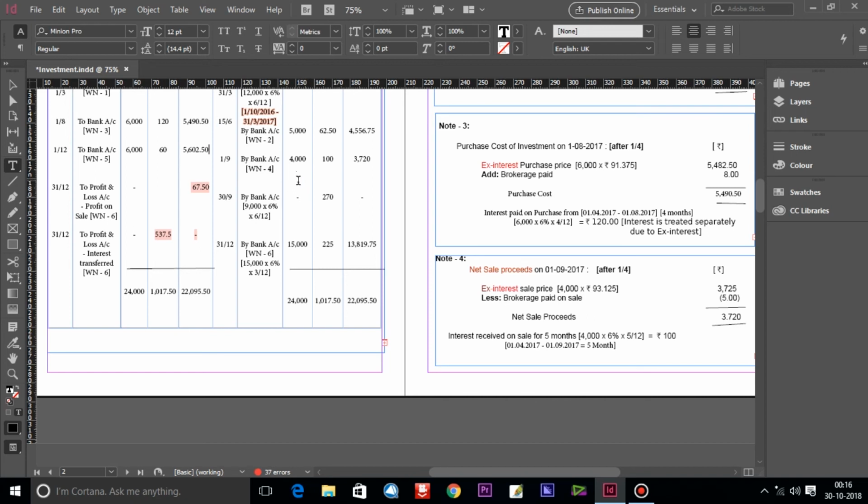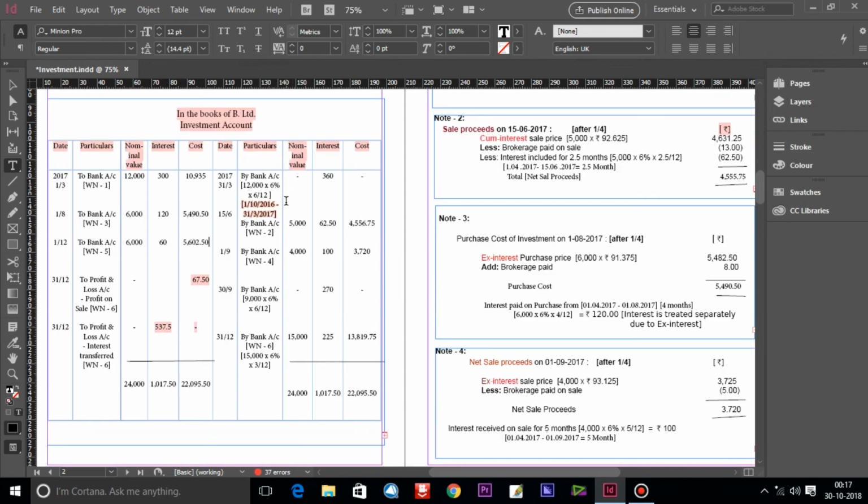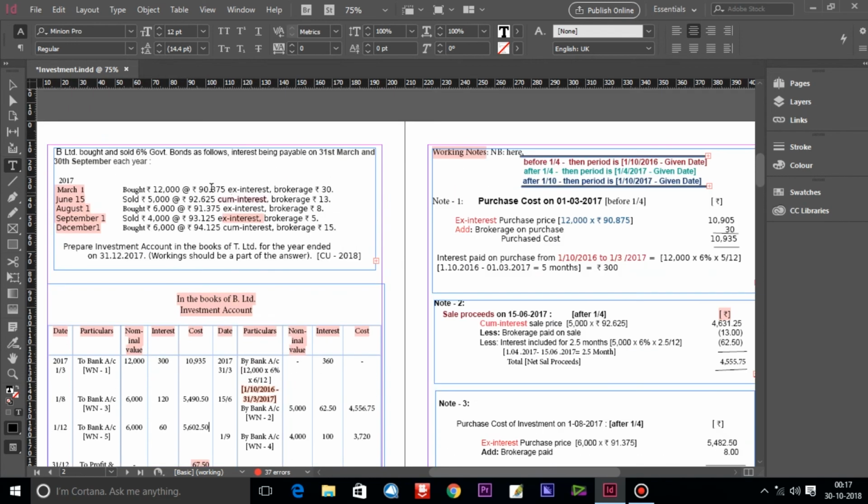Therefore, now calculate for 30 September. Therefore, 9,000 rupees into 6% into 6 by 12. Naturally, one question may arise in your mind, then how do you get rupees 9,000? In the question given that the period of interest payable is for 31st March and 30 September. We have already calculated interest on 31st March.